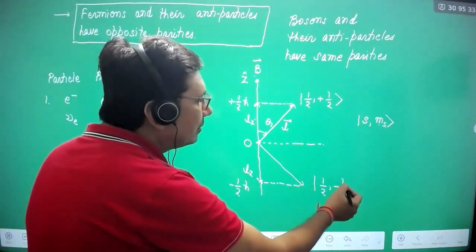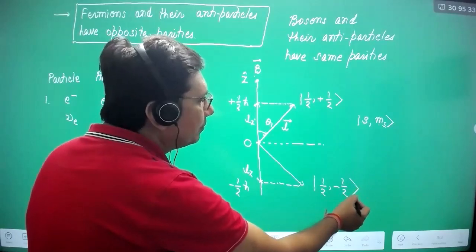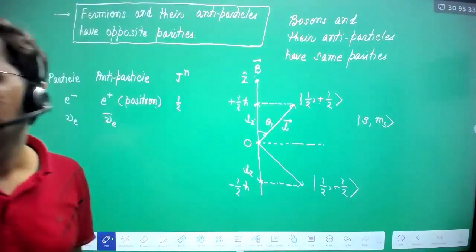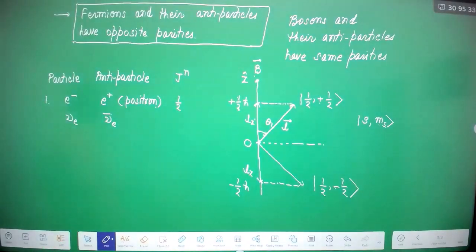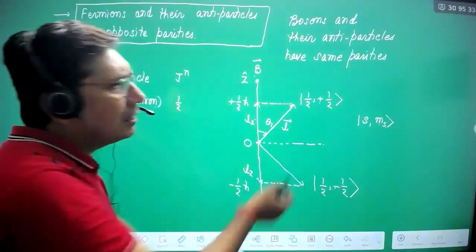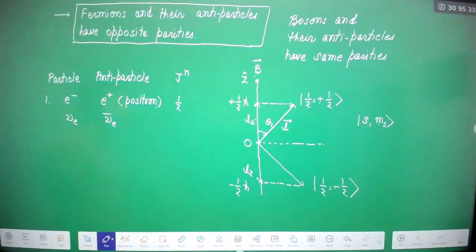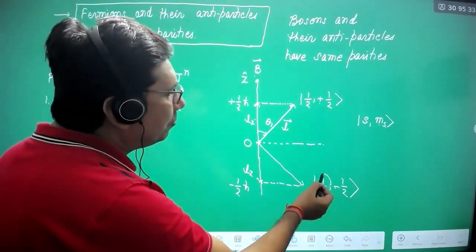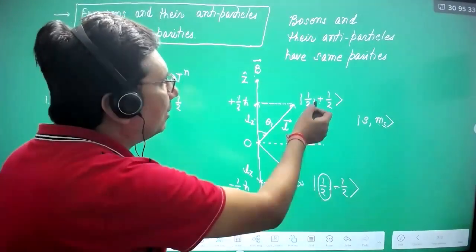So this will be minus half. Basically this plus half and minus half are just representing orientation. Spin doesn't change. So it's a misnomer that spin will be plus half and minus half.